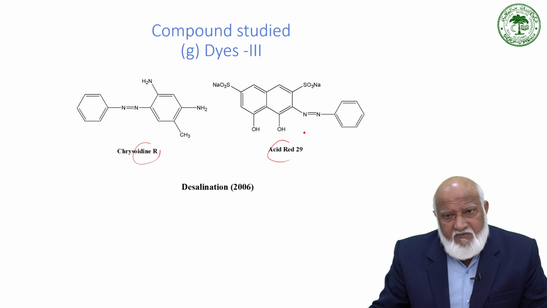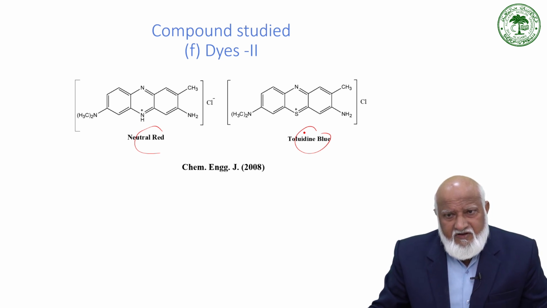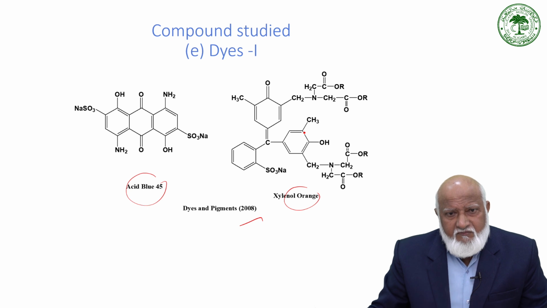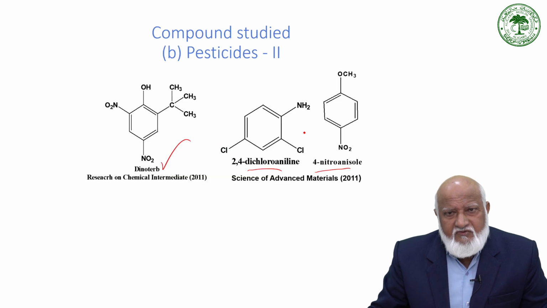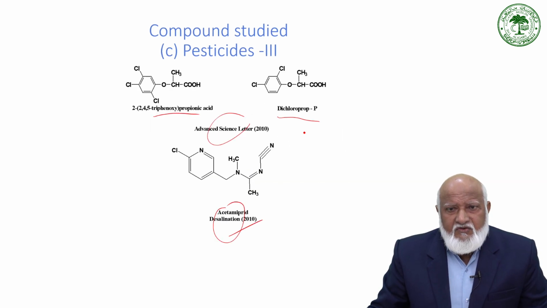A lot of azo dyes have been used for different application purposes. We can say these are different classes of dyes. We have a cyanine functionality, and we also have a benzoquinone dye, and of course some chlorinated aromatic hydrocarbons. So I've just given a list of compounds which we have studied.